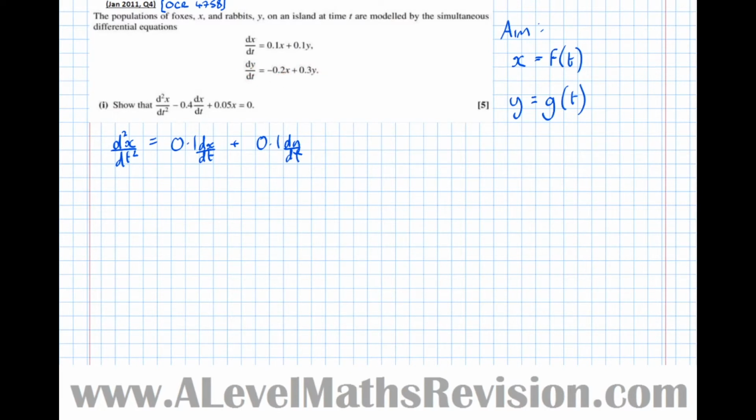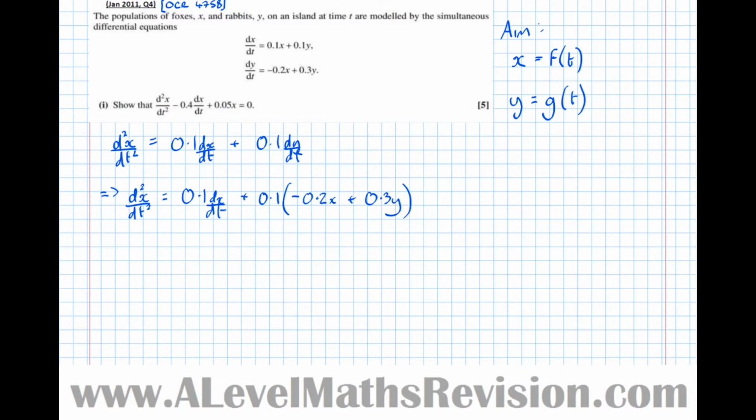So let's do that. So this implies that d2x by dt squared equals 0.1 dx by dt plus 0.1, and let's replace that with minus 0.2x plus 0.3y. And notice in our target expression, there's no reference to y at all. It's all differentials of x with respect to t and x's. So we need rid of this y as well.